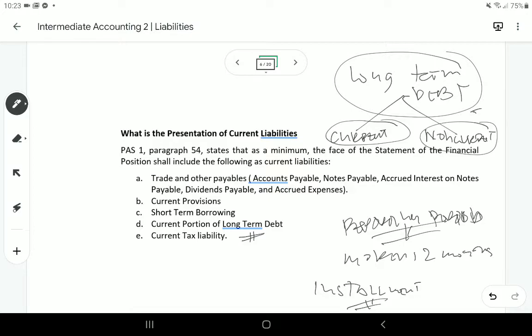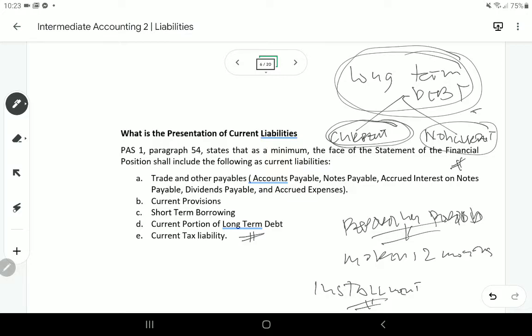If that is the case, then that long-term debt should have a current portion, which is the payment required to be paid within 12 months after the reporting date, while the non-current portion are those required to be paid more than 12 months after the reporting date.